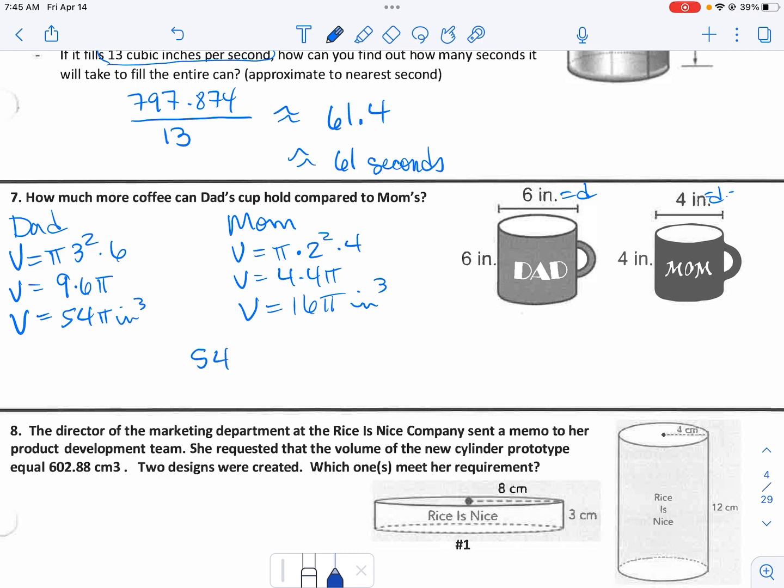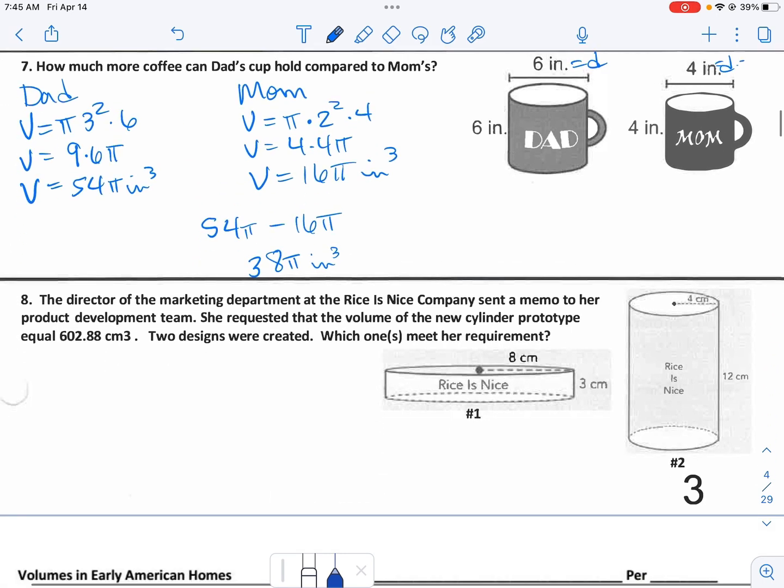Well, 54 pi minus 16 pi is going to get us, let's see, that's going to be an 8, and that's going to get us 38 pi inches cubed. Okay.